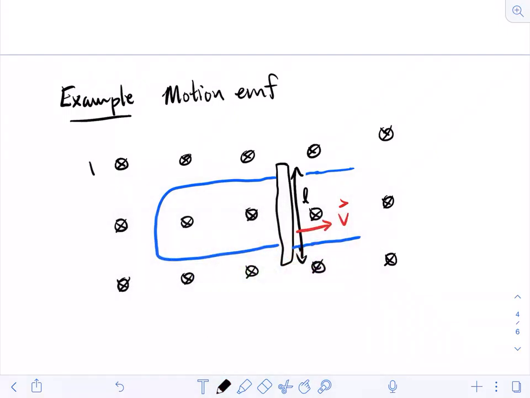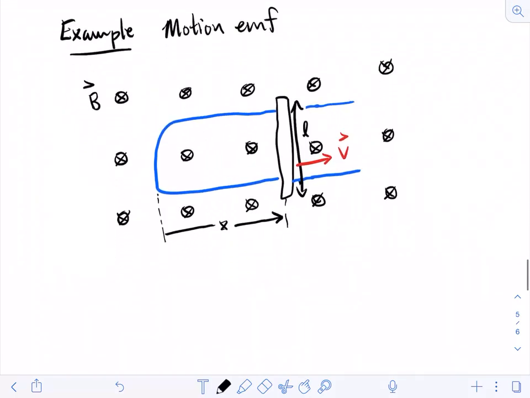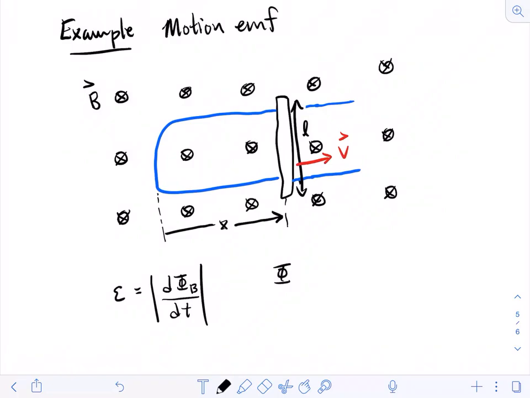And we have a magnetic field that points into the page. And let's say that our bar is at some position X instantaneously. And so X will be increasing if we're pulling the bar to the right. Okay, so Faraday's law says we need to calculate an induced EMF as the change in magnetic flux with respect to time. So to start that, we have to calculate the magnetic flux.